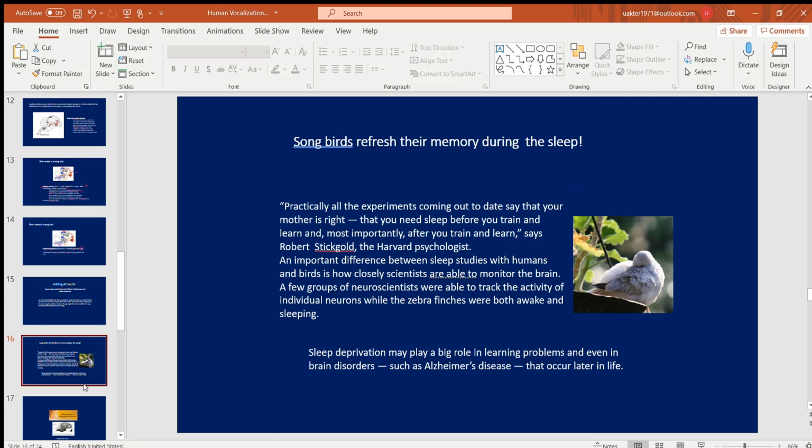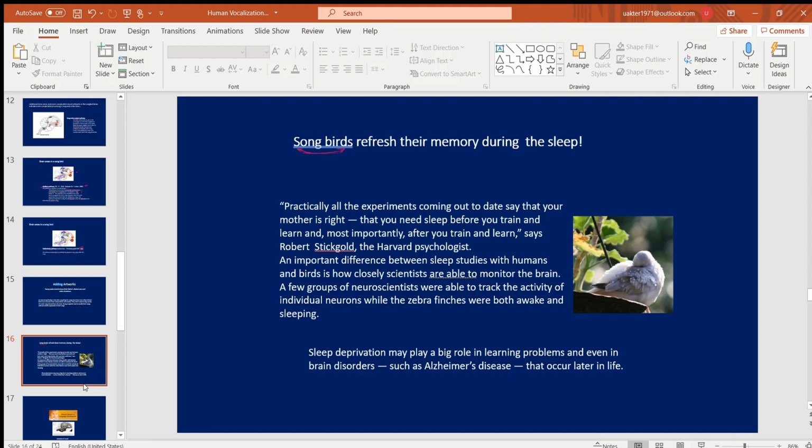Another very interesting finding about songbird learning is from a group of scientists from the University of Chicago. The PI, the main person who worked on this project, found out that during sleep, the songbird's brain practices the song, so refreshes its memory during sleep.